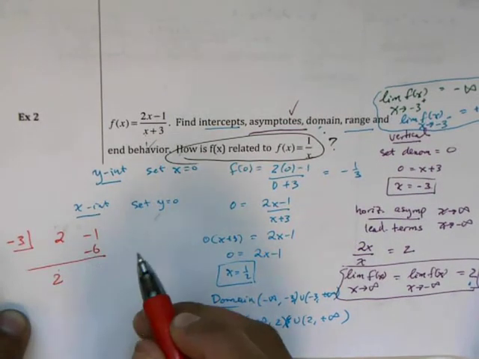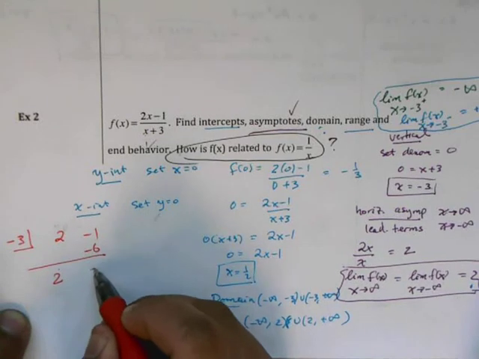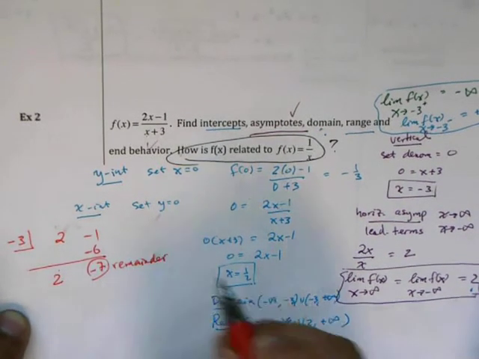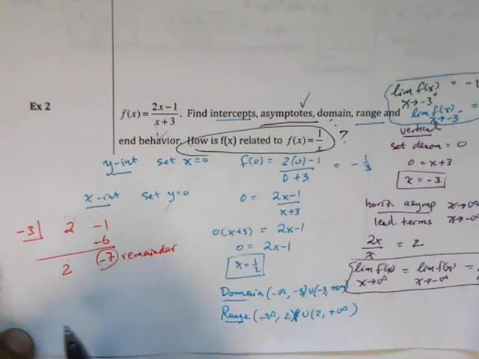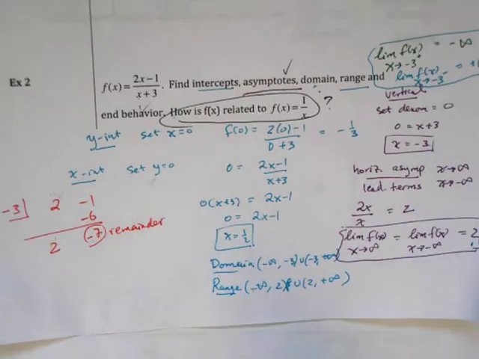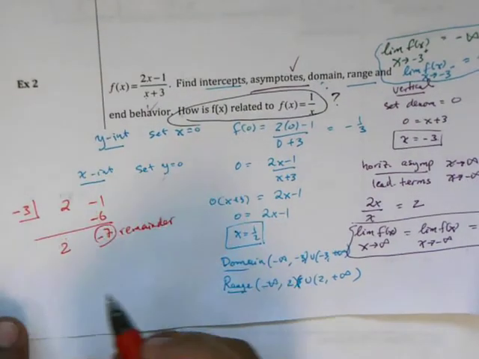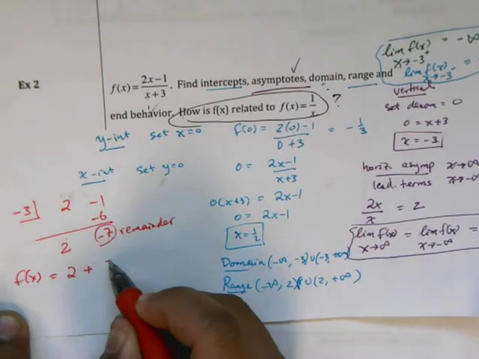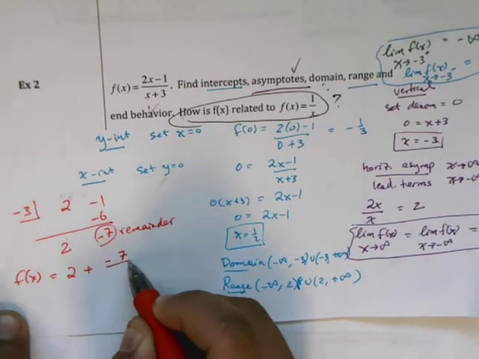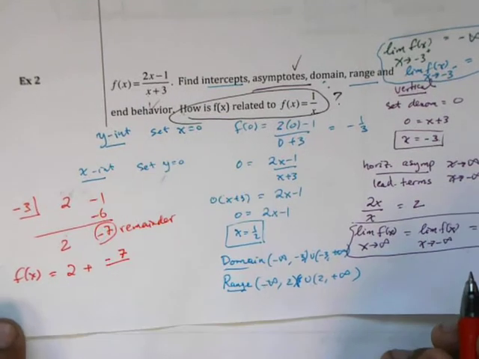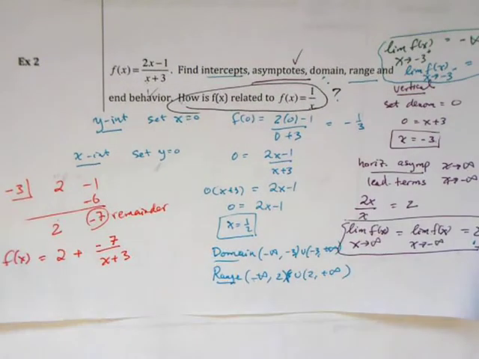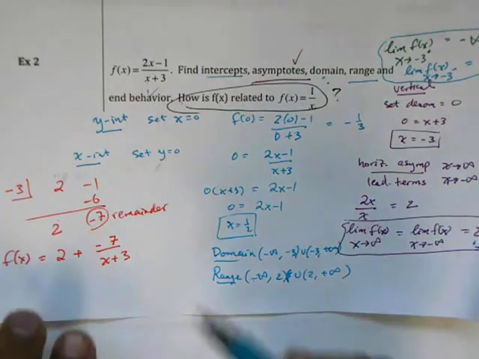This gives you negative 6, and this gives you a remainder of negative 7. So we can rewrite f of x as 2 plus negative 7 over x plus 3.